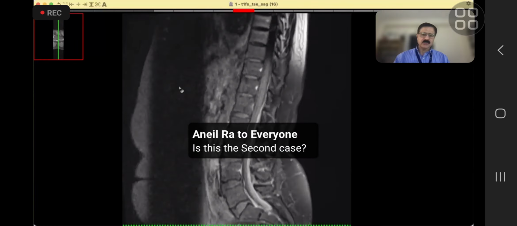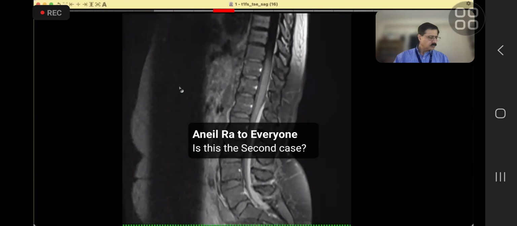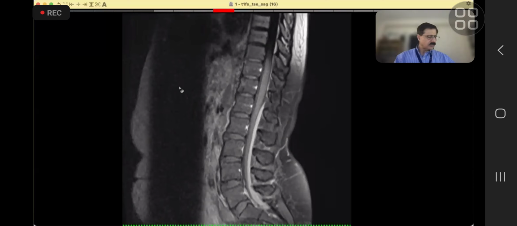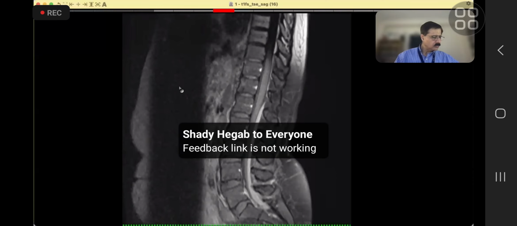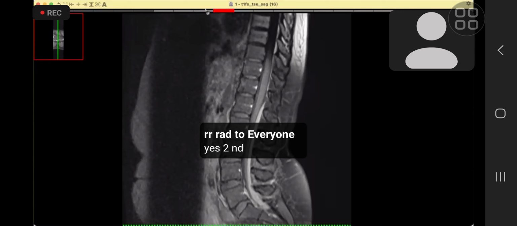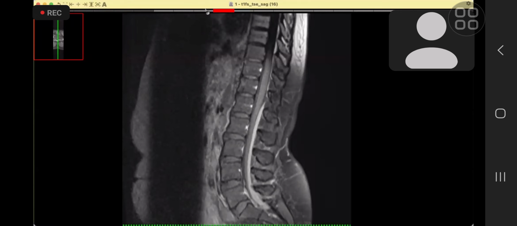So this is a post-contrast sequence. Okay. So there is enhancement throughout within the area described, and this enhancement is very homogeneous. In terms of malignancy, I'll be thinking specifically of lymphoma.